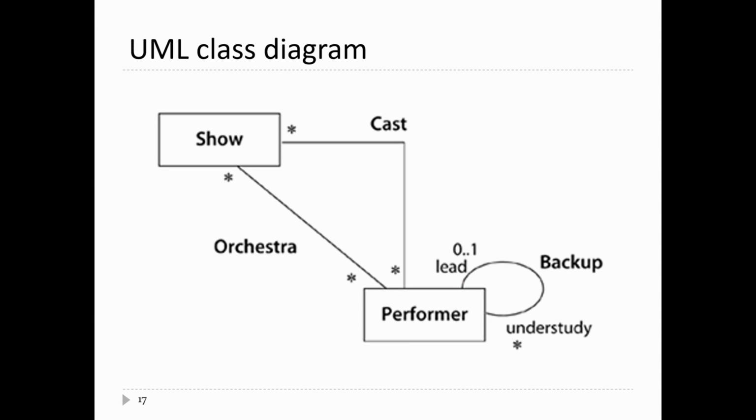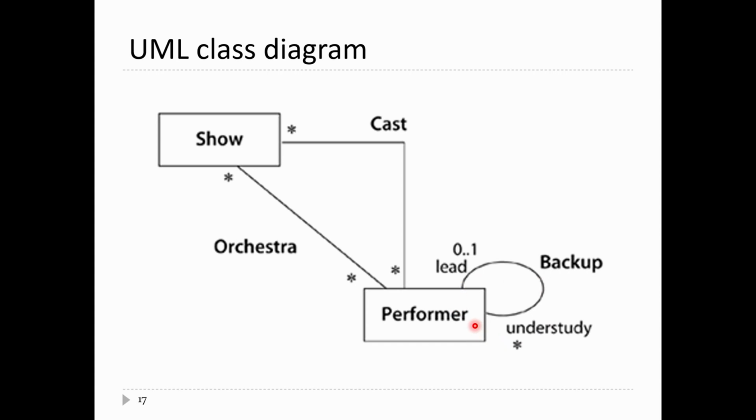Now, 2 or more performer objects can also have a relationship with one another. So in the backup role for an actor, one performer can be the understudy, star.